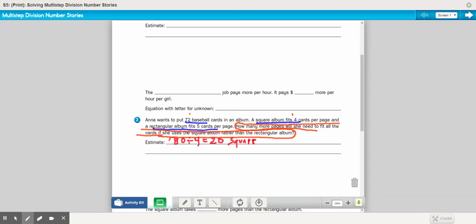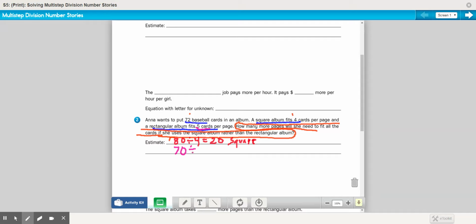So then the other one, let's try a different color here. The other one is the rectangular album. The rectangular album has 5 cards per page. Still the same number, 72 cards to start off with, but let's think of 5 and let's round it off to 70, because you know that 5 can go into it evenly.